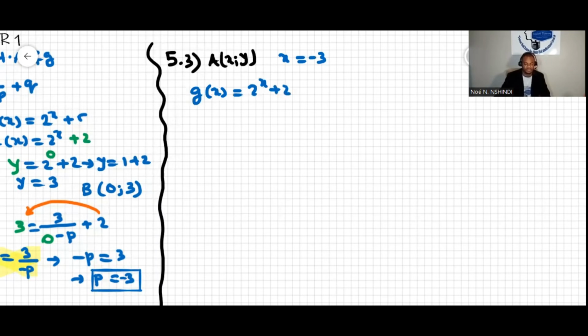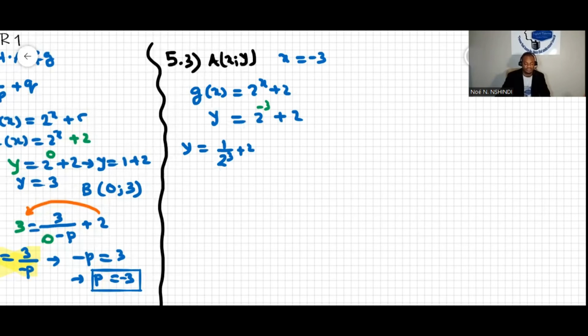Okay, so g of x is just y, so it's going to be 2 to the negative 3 plus 2. And then this would be y equal to 1 over 2 to the power of 3, plus 2.